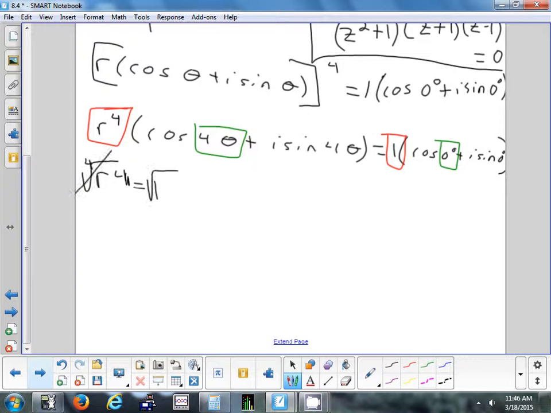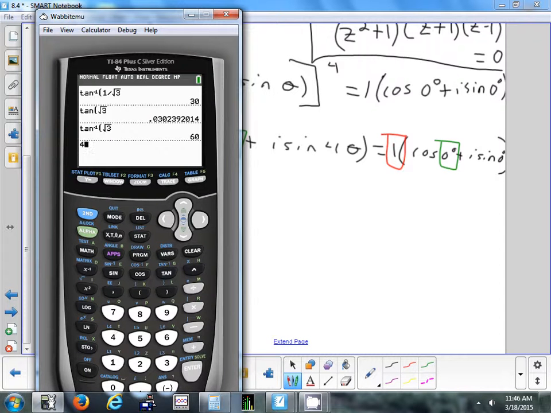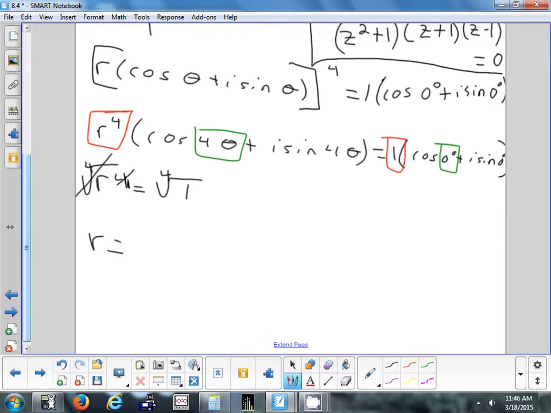Now, if this was something more complex, to take a 4th root on your calculator, you press 4, you go to math, it's the 5th option, and then you type in what you need to take the 4th root of. But I'm looking for what number times itself 4 times gives me 1. And I'm looking for a positive number because it's a radius, it's a distance. So negative distance wouldn't make sense. Okay, so r is 1.